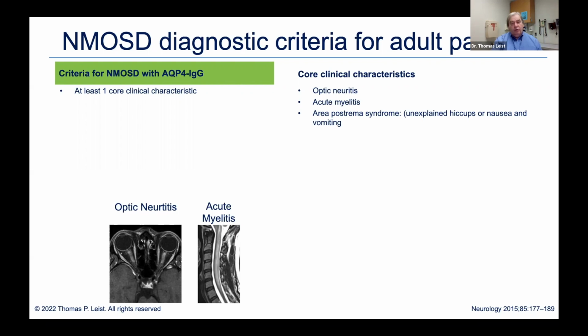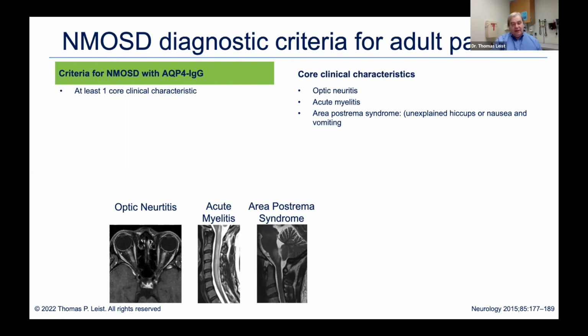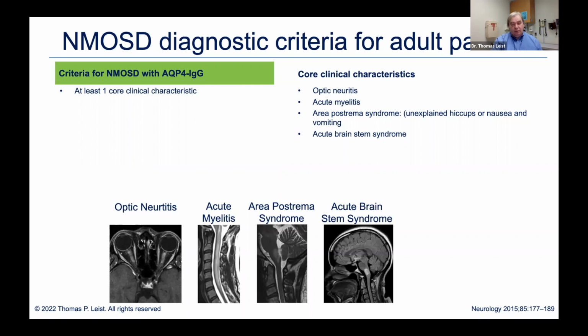It can also occur when an individual has intractable hiccups. As I mentioned, that needs more work, and you see it over here, what I referred to already before, the area postrema syndrome. The brainstem syndrome can occur. You see the lesion very well represented over here.